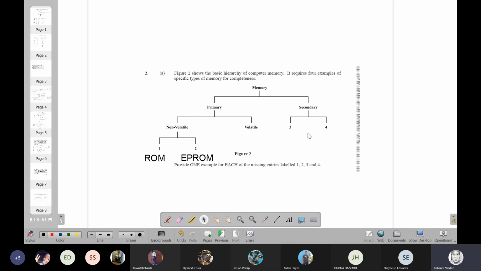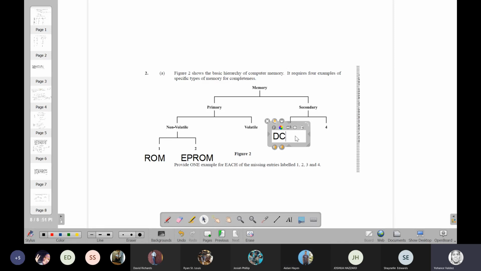And the secondary storage, 2 types of secondary memory. HDD and CD-ROM. Right.